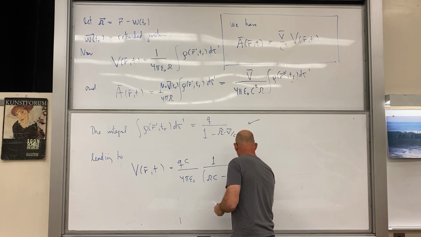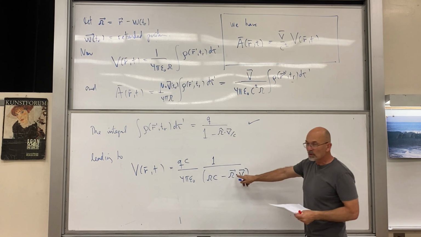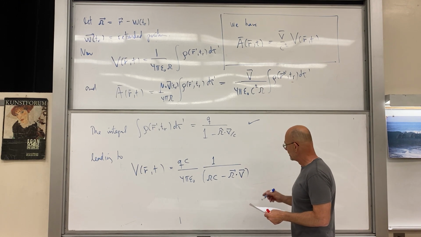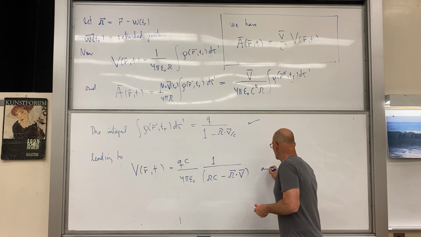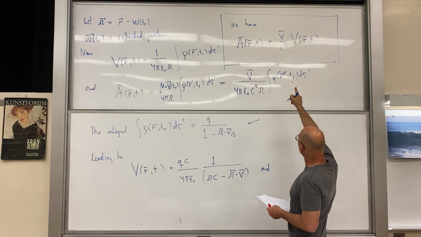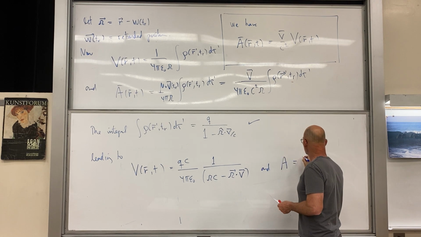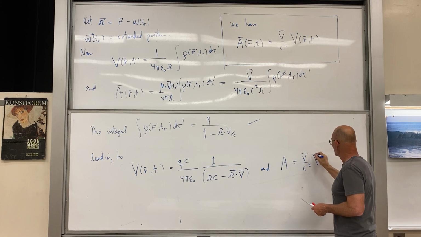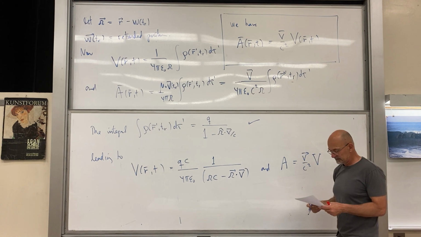I'd say that's the compact form, but of course there's a lot going on in the arguments here. So that's V. And as I just wrote up there, A is equal to V over c squared, capital V vector.